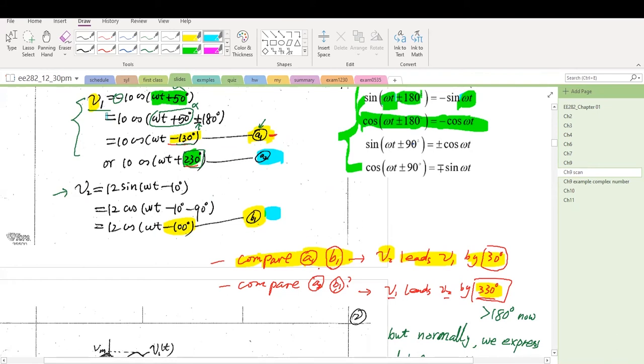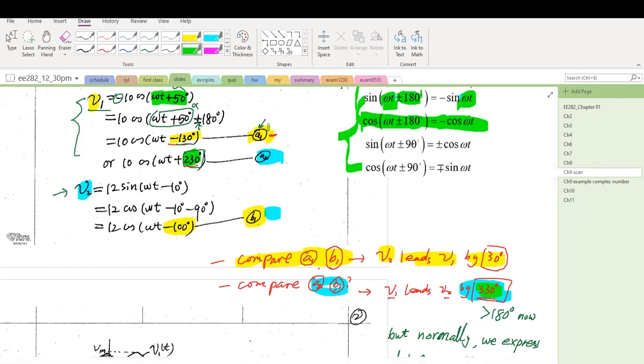From A2, V1 has phase 230 degree, and from B1, V2 has phase of negative 100 degree. So we would come to the conclusion V1 leads V2 by 330 degree.